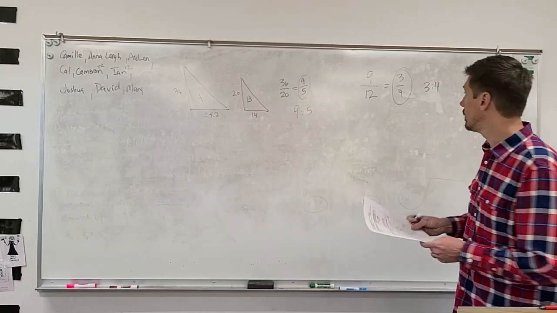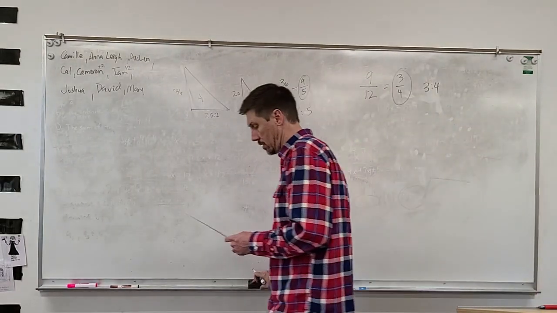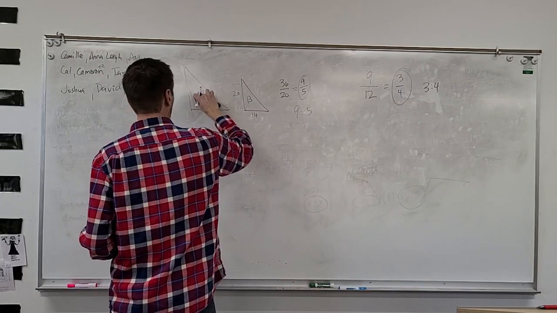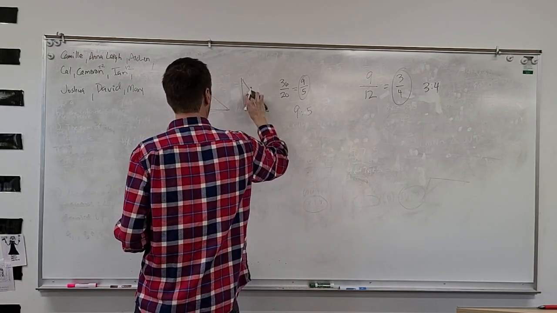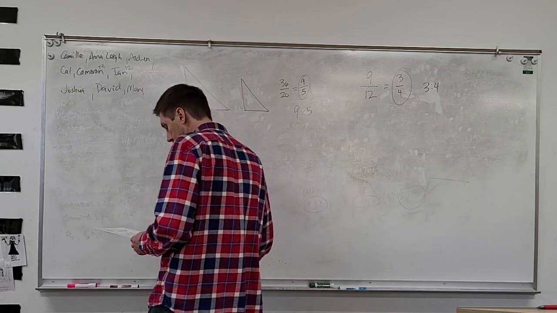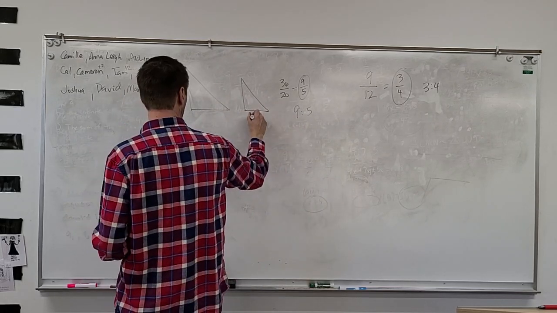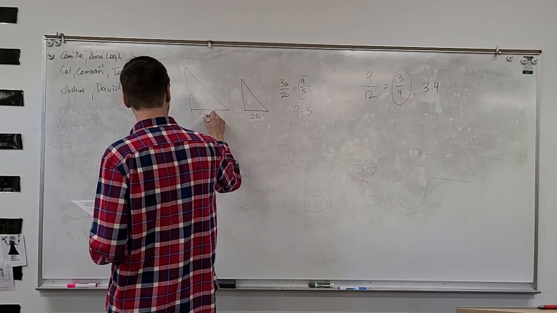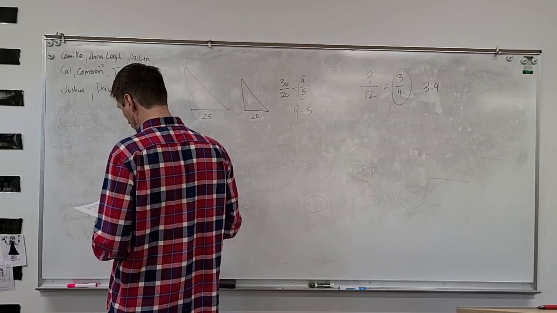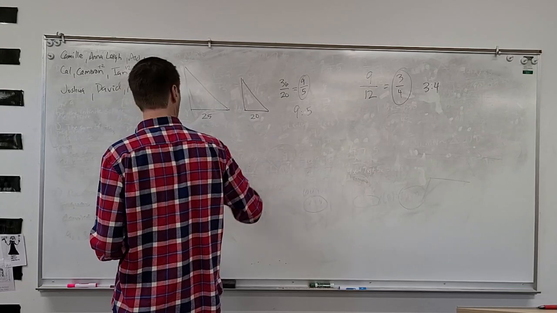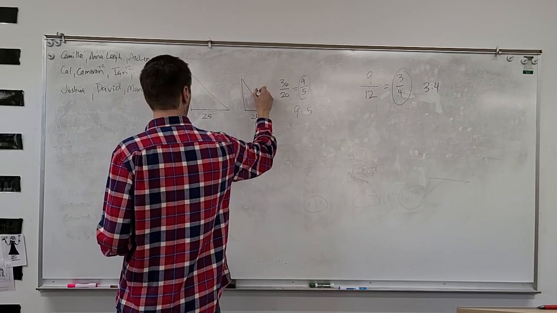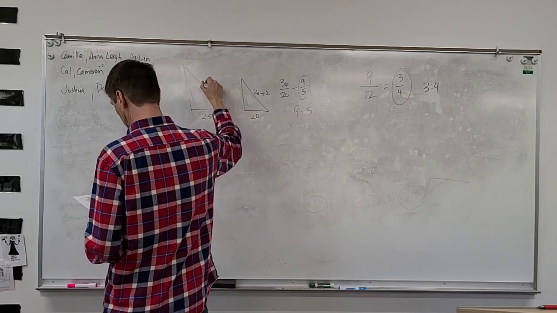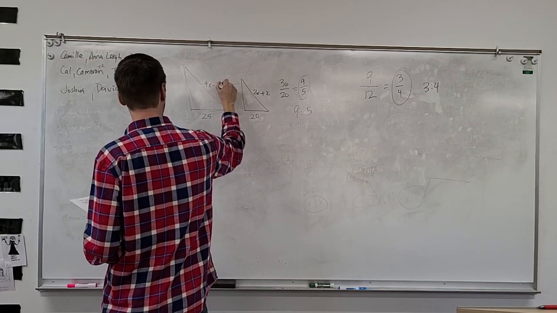But again, if you redraw your triangles, and I'll just use the ones I've already drawn up here, and just based on the length of the side, recognize that this is the small side of the little triangle, and this is the small side of the bigger triangle. And then this is the side which is the longest side. And so that means that this has to be 4x minus 23 there.